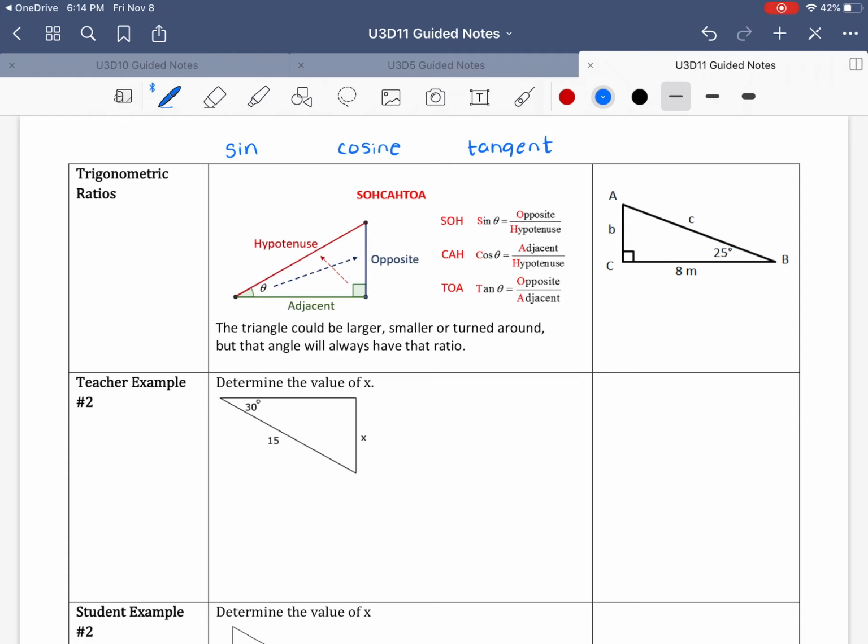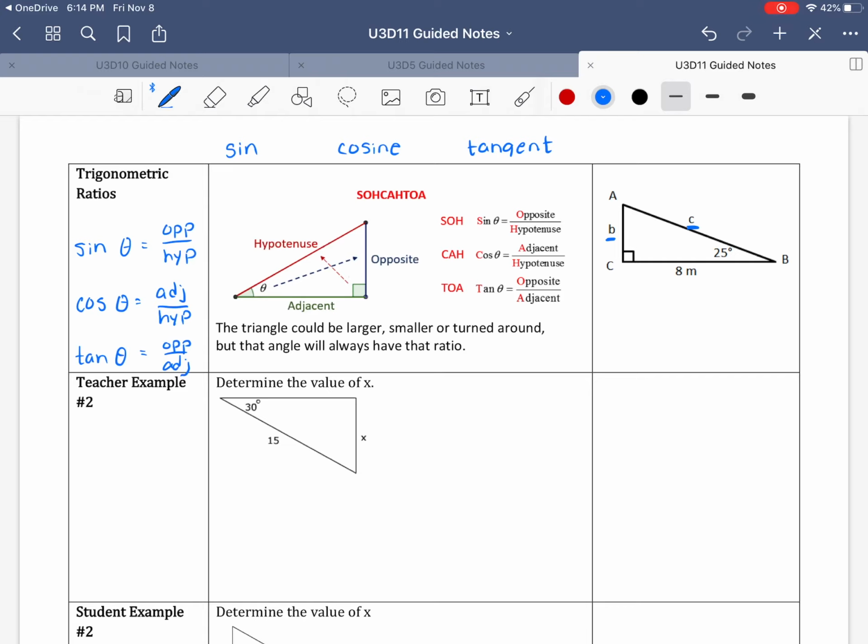For example, if we're talking about sine of an angle theta, we represent that ratio as opposite over the hypotenuse. So it is a ratio of the sides of our opposite side and our hypotenuse. Now, if you're doing cosine of an angle measure, that is a ratio of our adjacent side and our hypotenuse. And then lastly, tangent is a ratio of our opposite over our adjacent.